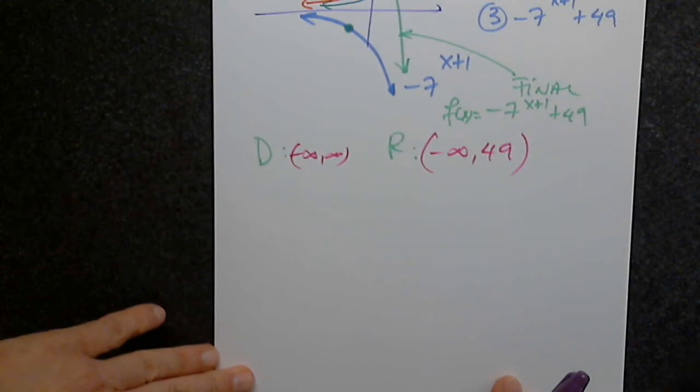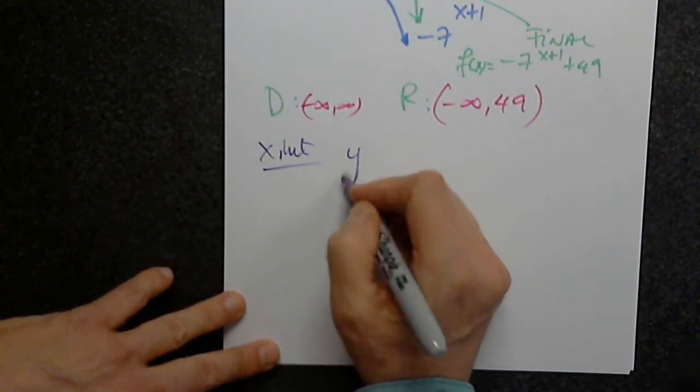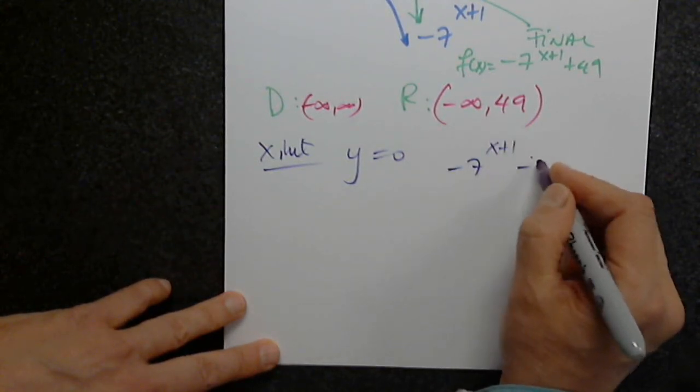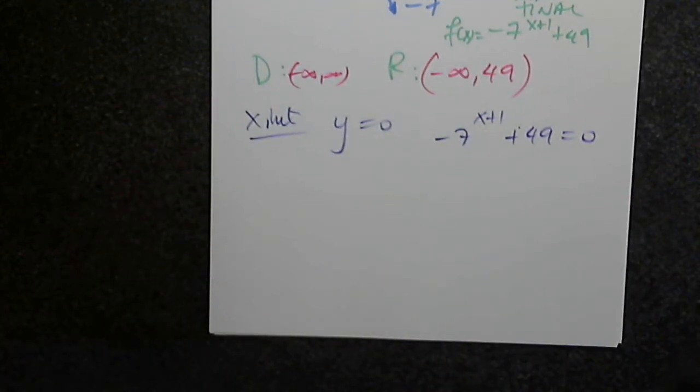How do I find the x-intercept? Very good. So then I have negative 7 raised to x plus 1 plus 49 equals 0. Excellent. How do I solve this equation for x? So I said y equal to 0 in order to find the x-intercept. Good. So then how do I continue? Of course. I'm moving 49.